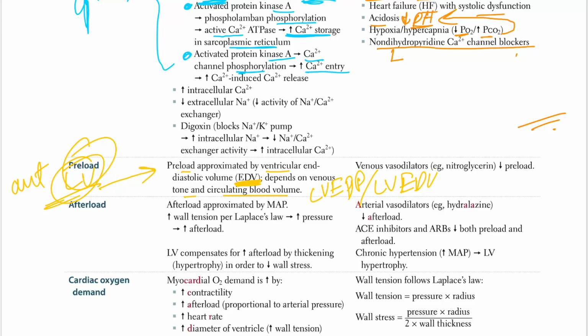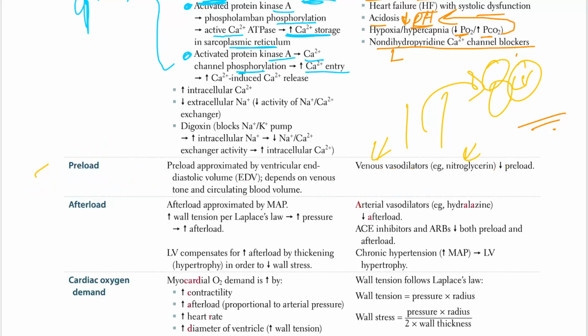So we know venous vasodilators, for example, nitroglycerin, would decrease the preload. And why would they decrease the preload? Again, simple thing. When you dilate the veins, less blood is going to go to the heart. When less blood goes to the heart, less blood is going to go to the left ventricle. So you would have decreased preload with the vasodilators.